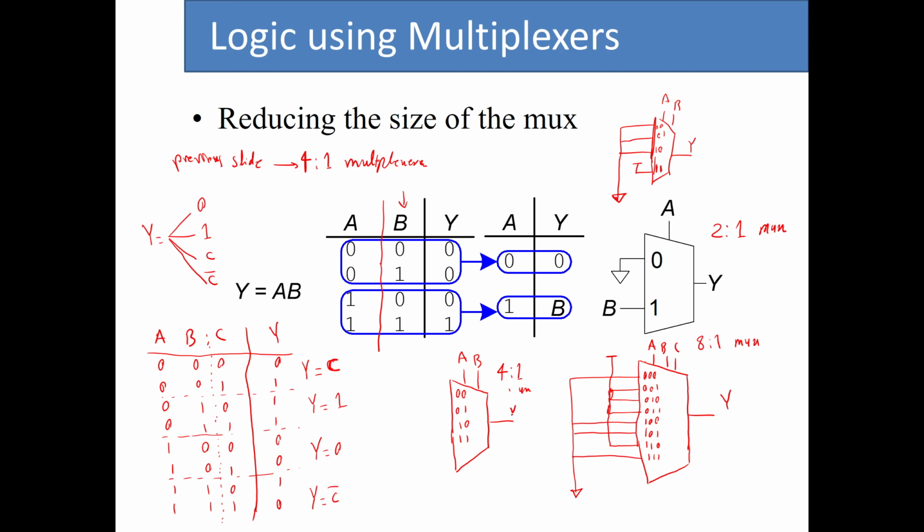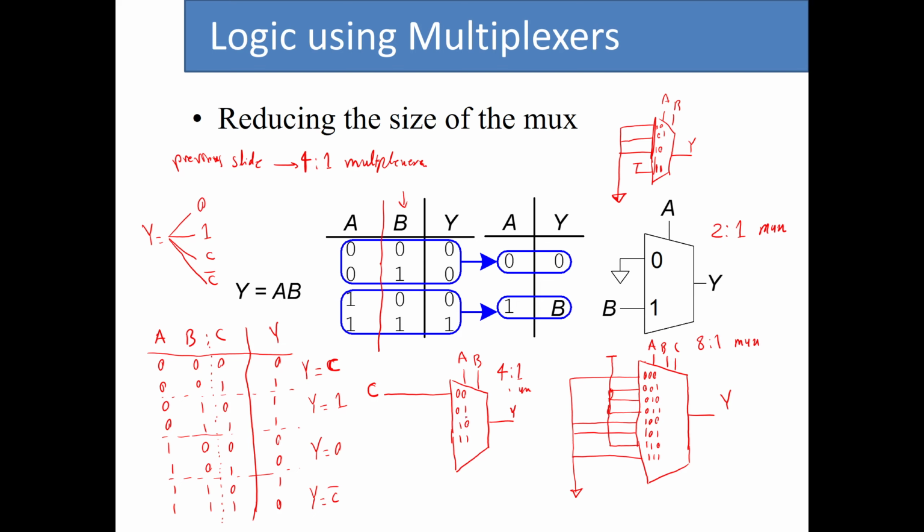Depending on the value of A and B, we either connect Y to 0, to 1, to variable C, or C bar. For the first case, when A and B are both 0, Y equals C. So I just draw a line and write C here. That is my input C.